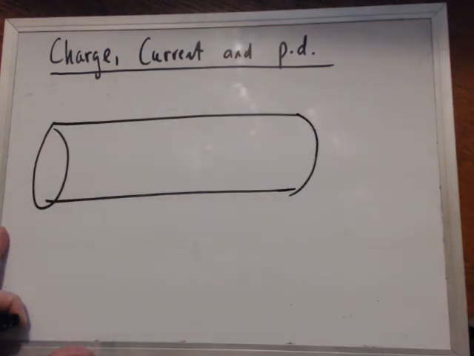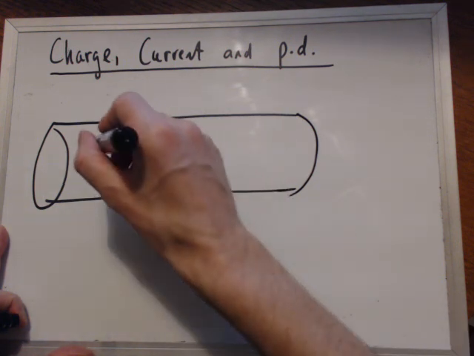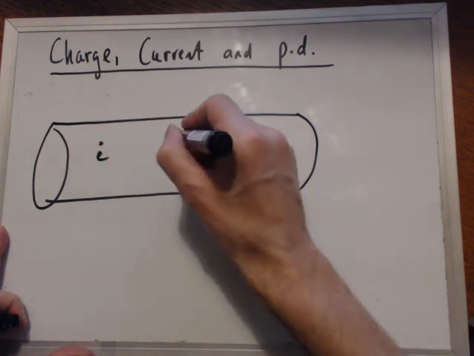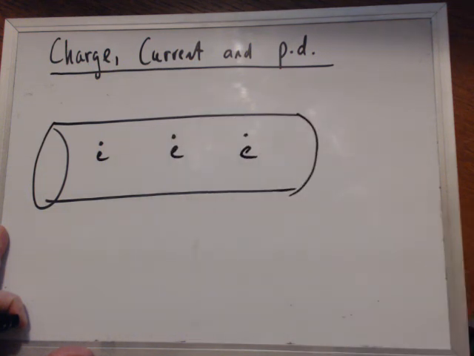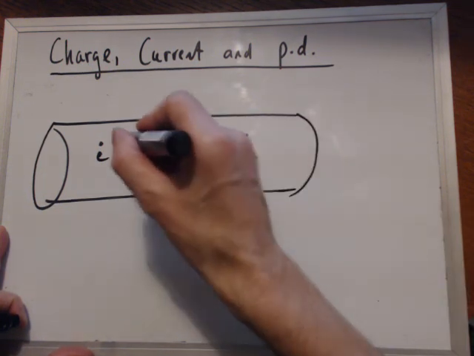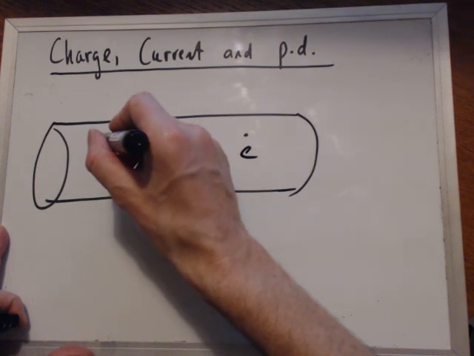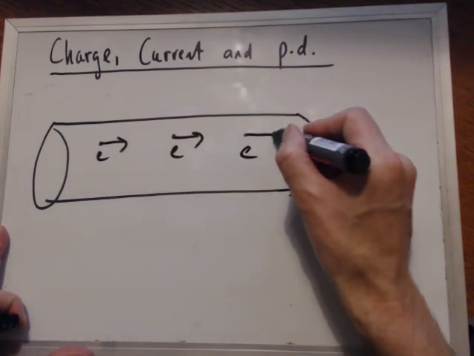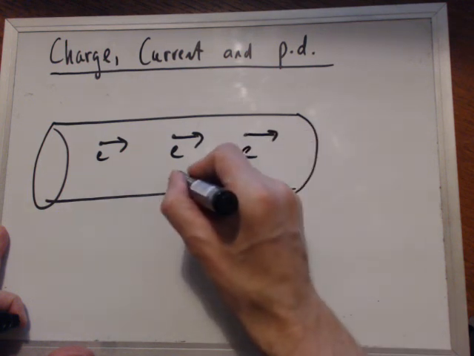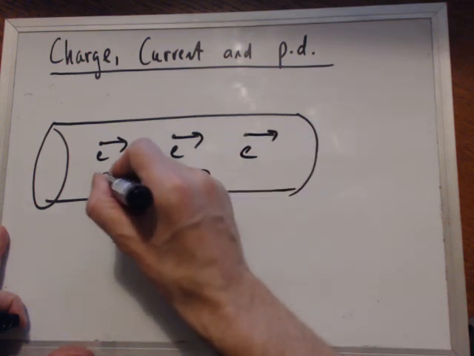Charge in a metal is a free electron, and there's approximately one free electron per atom. So here might be little free electrons. When a potential difference is applied to them, we'll talk about potential differences, they will, on average, travel in a certain direction.